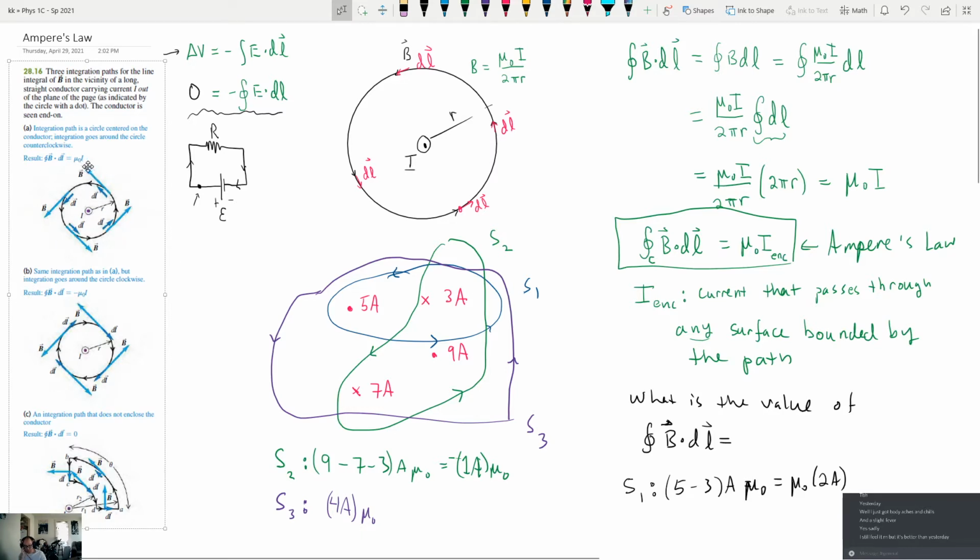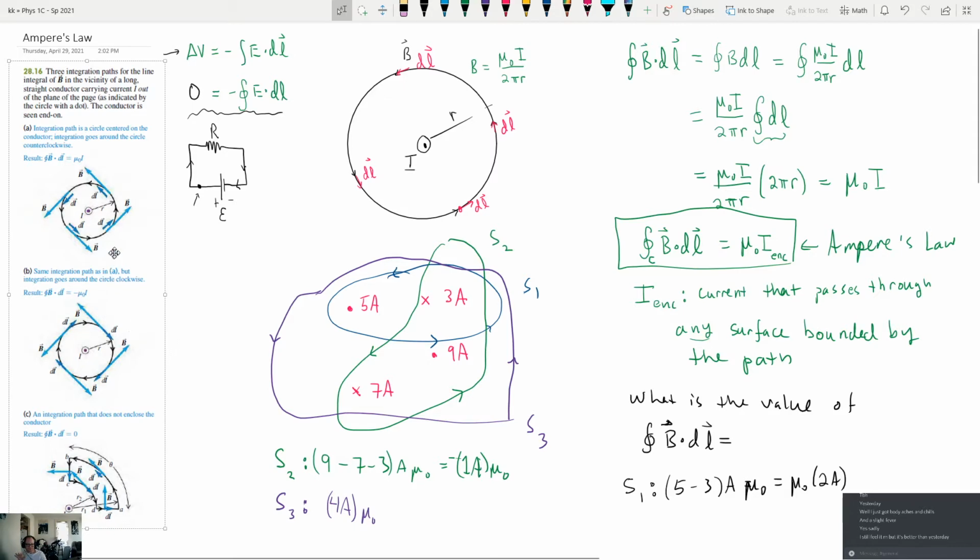Now, a relevant question would be, what happens when we reverse the direction of the integral? So if we go around this integral in a clockwise path, as opposed to a counterclockwise path, this is clockwise, this is counterclockwise. Now B and dL are opposite to each other. So the answer that we're going to get is negative. Even though it's the same path, they're both circles, the direction we go around the path matters.